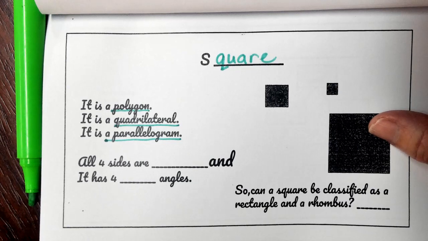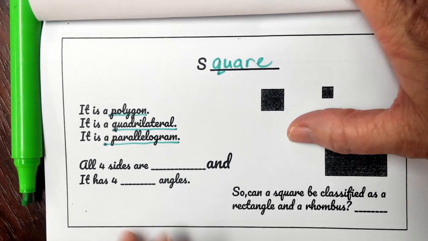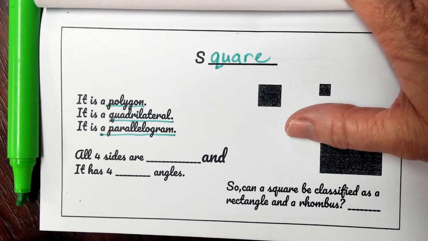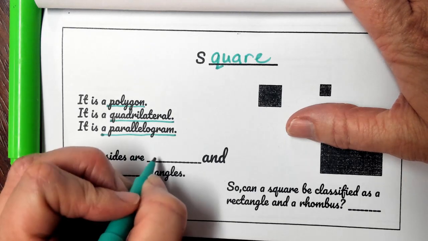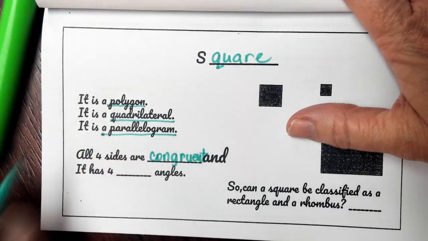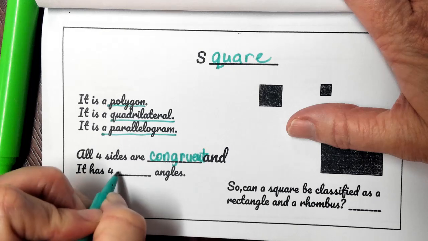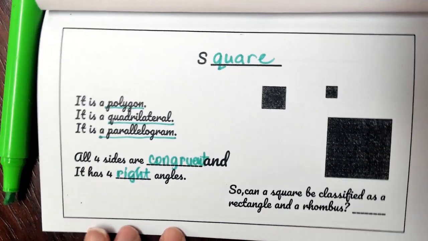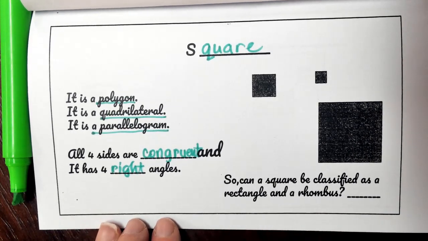But when I think about what makes a square so special, it has to have both the attributes of the rhombus and the rectangle. So when I think about a rhombus, all 4 sides are congruent. And when I think about a rectangle, it has 4 right angles. And so that is why a square is what a square is.